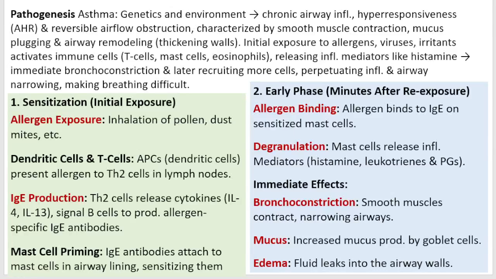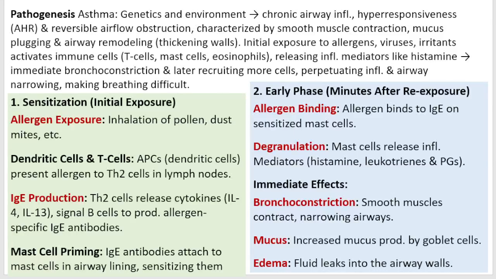Initial exposure to triggers like allergens, viruses, irritants activates immune cells, which include T cells, mast cells, and eosinophils, releasing inflammatory mediators like histamine, causing immediate bronchoconstriction, and later recruiting more cells, perpetuating inflammation and airway narrowing, making breathing difficult. Let's dive into the steps of pathogenesis.